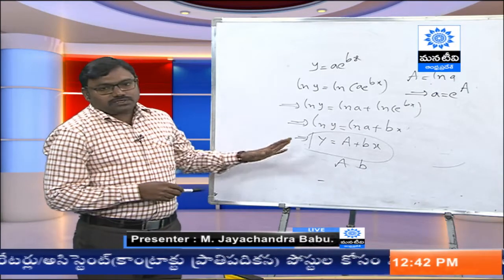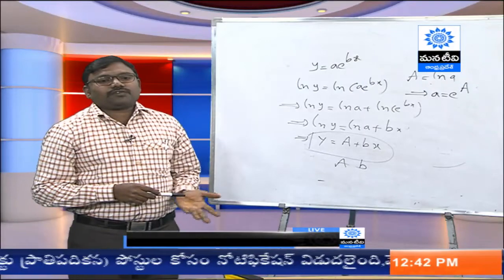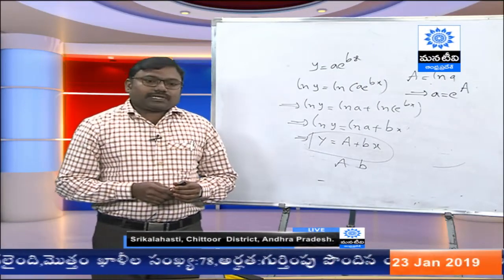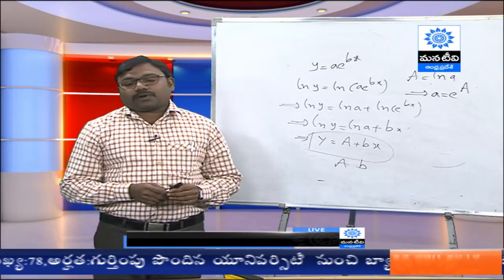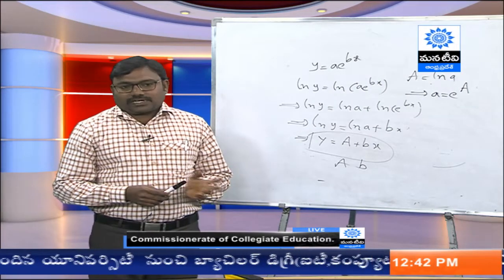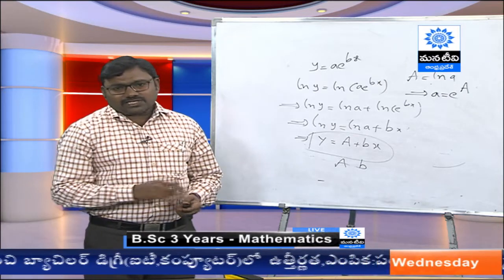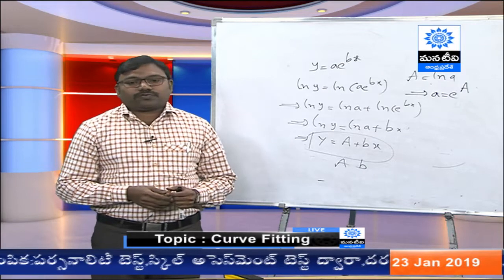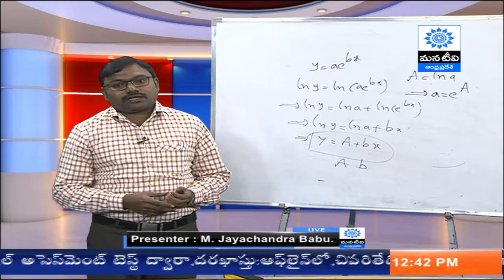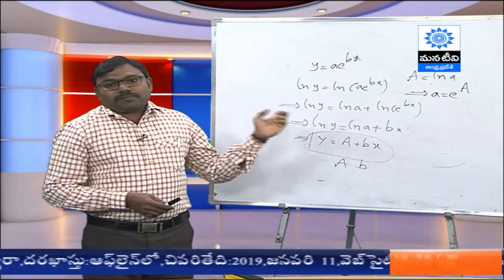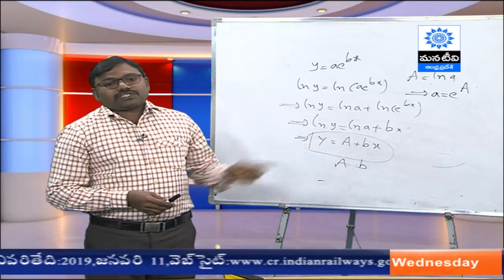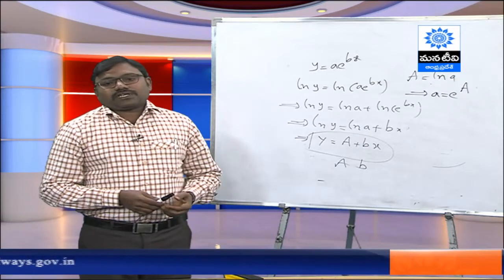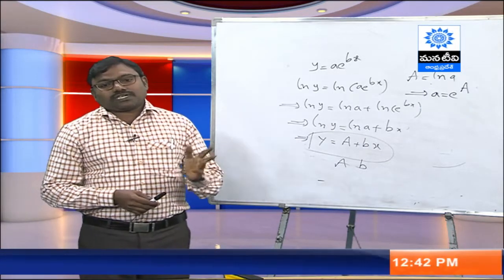So this is how curve fitting is done. The objective of curve fitting is to describe the experimental data theoretically by using an appropriate or suitable function. In this class we have discussed how to fit a straight line to the data, how to fit a parabola to the data, and how to convert power and exponential functions into the form of a straight line, so that we can fit exponential and power functions to the given data.